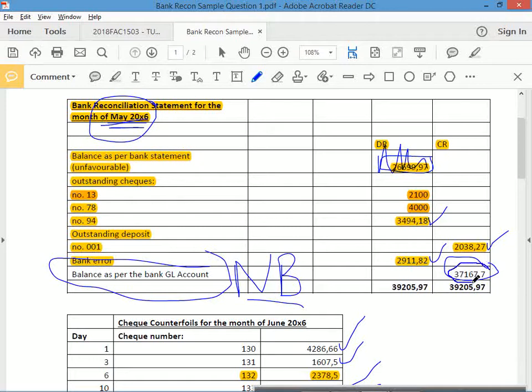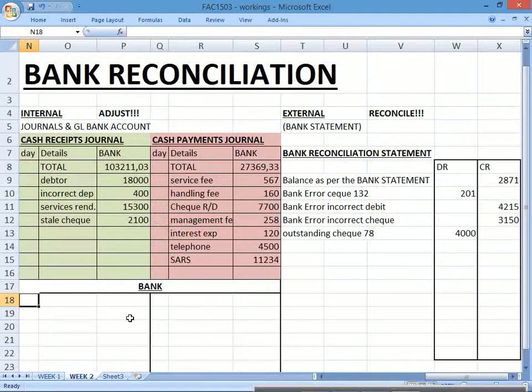Is this a favorable or unfavorable bank balance? It's unfavorable because it's a credit. Okay, these are your records. It's the balance as per the bank general ledger account. Right, so credit side. 1st of June. Balance brought down. How much? 37,167.70. Okay, that gets recorded there.